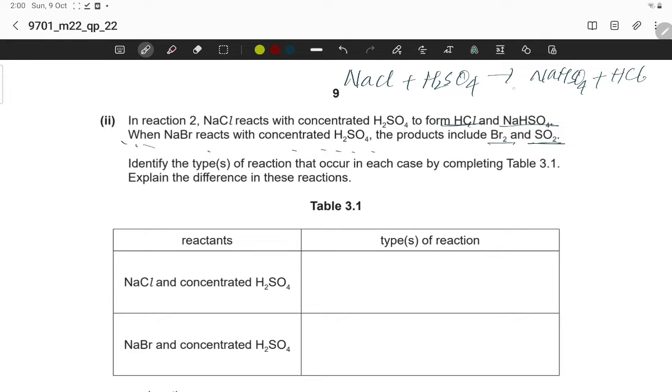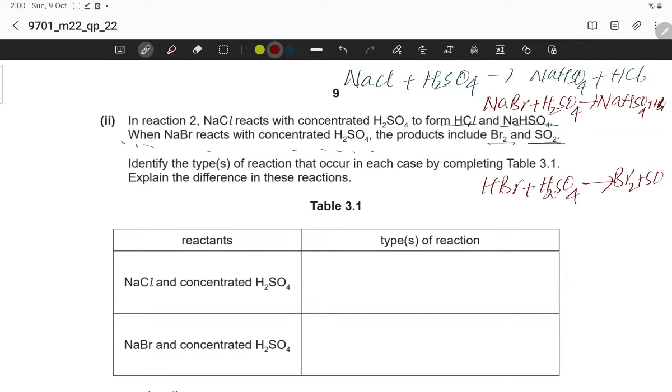While NaBr reacts with sulfuric acid to form NaHSO4 plus HBr, and HBr is further oxidized by sulfuric acid to form Br2 and SO2.